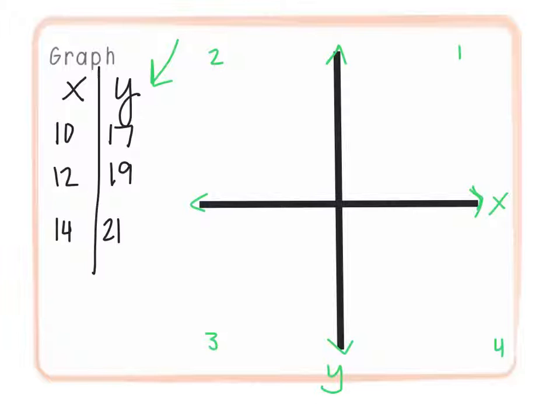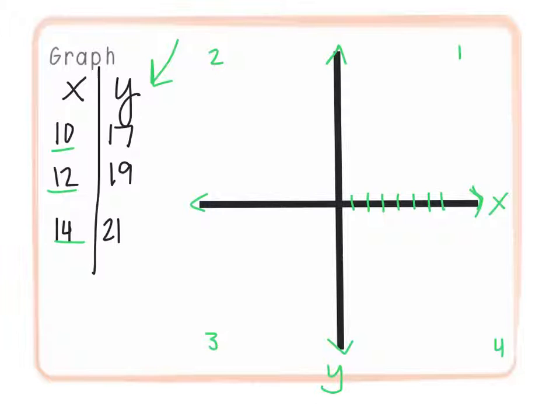I notice my x's over here are 10, 12, and 14. I don't really feel like counting up that high and making that small of little tick marks. So I think I'm going to count by twos. 2, 4, 6, 8, 10, 12, 14.